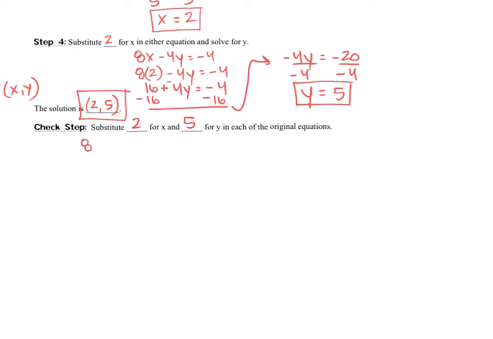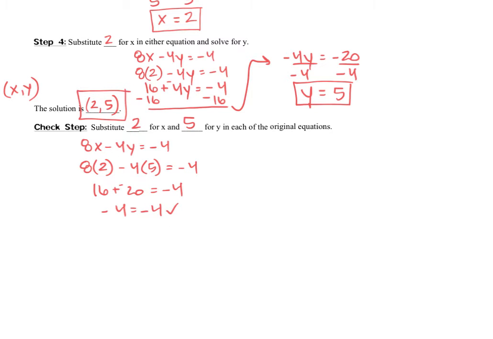So the first equation was 8x minus 4y equals negative 4. So I'm going to plug in a 2 for the x and a 5 for the y, which gives me 16 minus 20. And again, I can keep change if I want. I do get negative 4, so negative 4 equals negative 4 is a true statement.